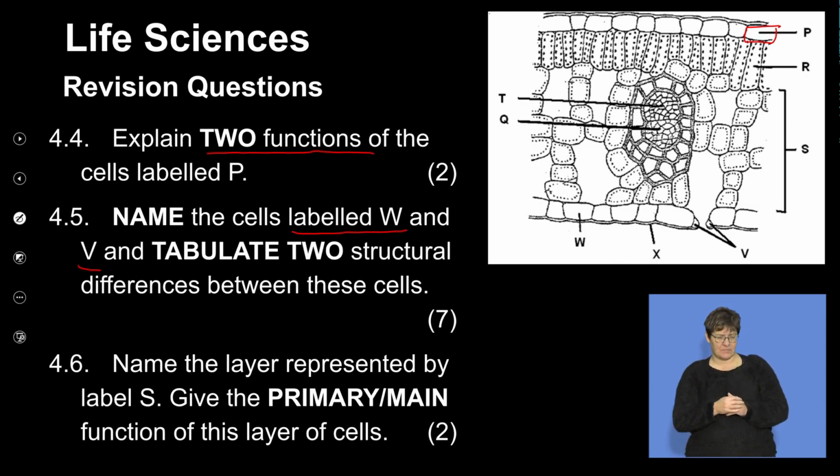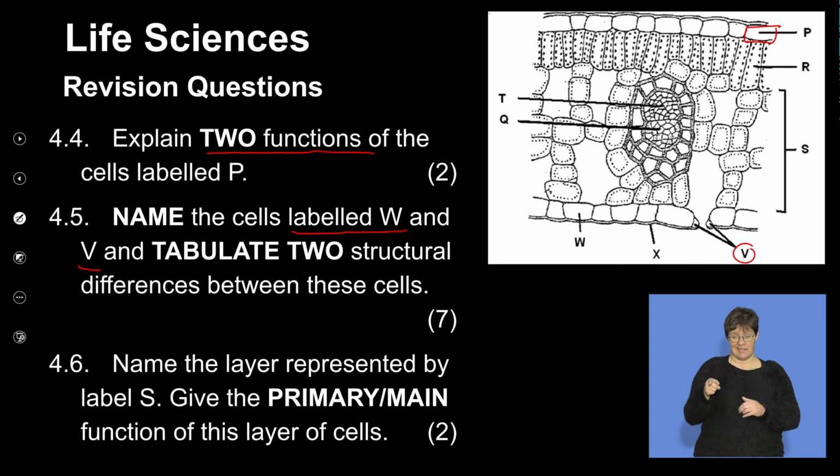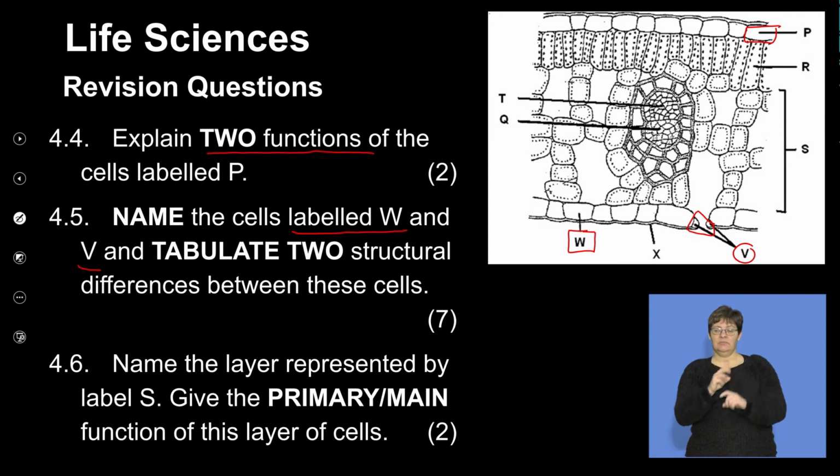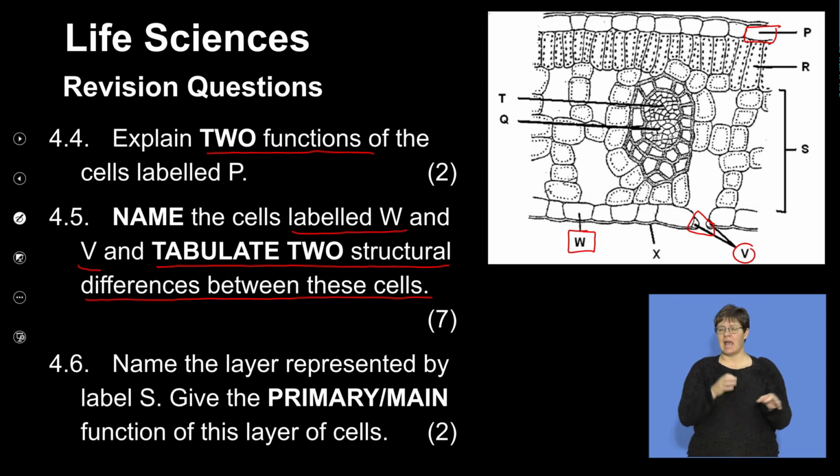Then, 4.5, name the cells labeled W and V. Okay, so V, that is those cells there, and W, that is your ordinary epidermal cells. And then you have to tabulate 2 structural differences. In other words, you need to say how are they different in structure. And obviously, if we look at the size, the guard cells, they're little cells. What is their shape like?